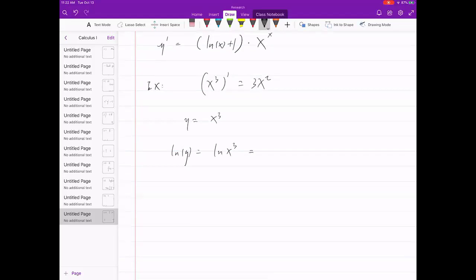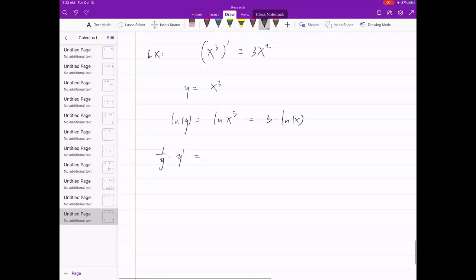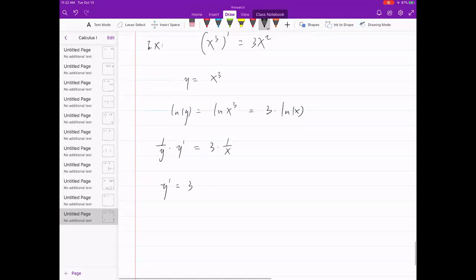Which is 3 ln x. 1 over y times y prime equals, so y prime equals 3 times 1 over x times y. Y is x cubed, which is 3 times x squared. Can you see that?